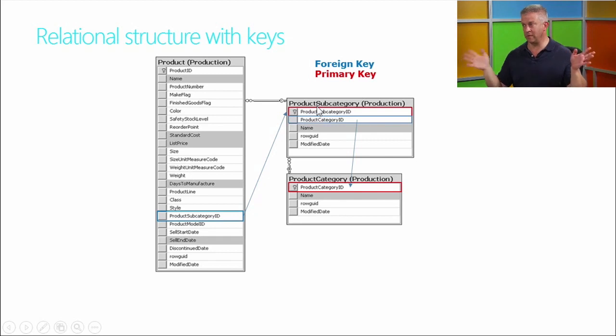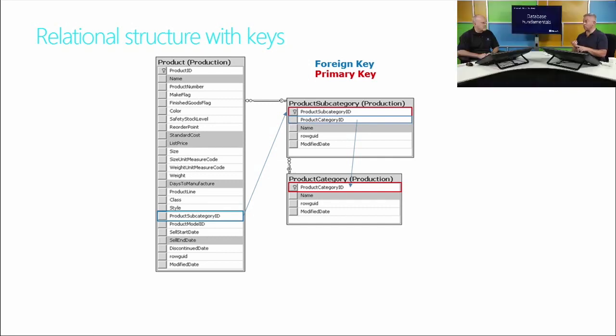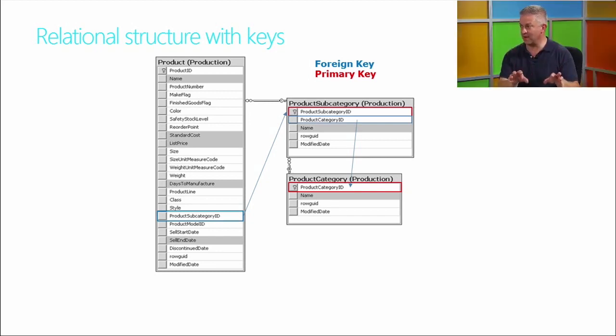So I've got this list of stuff that includes all of my products, and I started with a spreadsheet, but if I want to get it into a database, I have to denormalize it, which means I need to think about all the redundant data and how to simplify it down. And then I have to figure out how to have relationships between these tables that include primary keys and foreign keys so that I can keep the integrity of my data together and uniquely reference things like the category and subcategory and the product name.